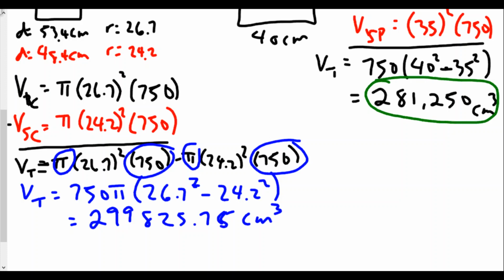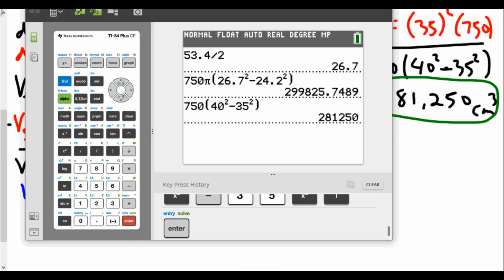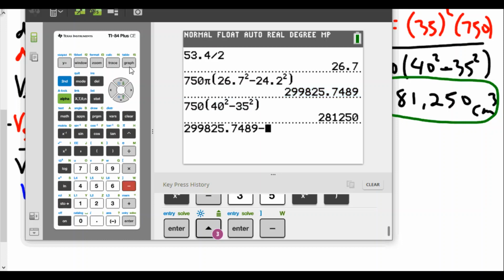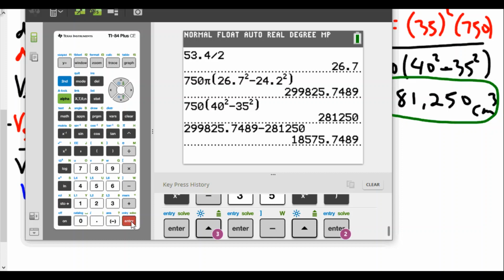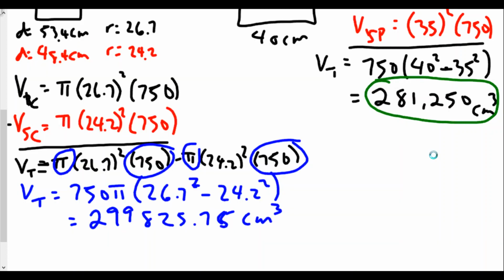We have these values saved, so we're going to take the volume of the cylinder and subtract the volume of the rectangular prism, and we get a difference of 18,575.75.